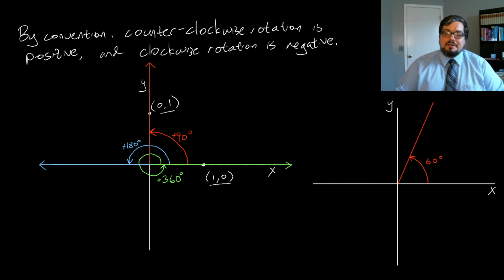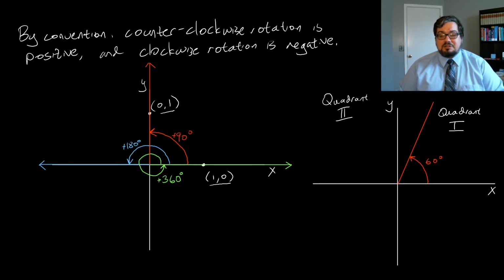We call this upper right-hand part of the graph quadrant 1. We're going to wind up using the various 4 portions of the graph often to understand where angles are sitting and how they all interact with each other.